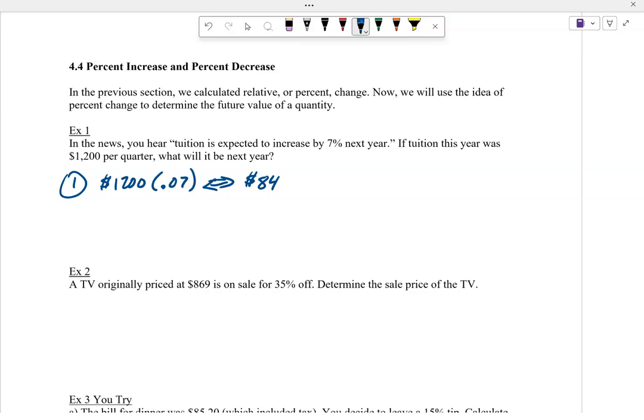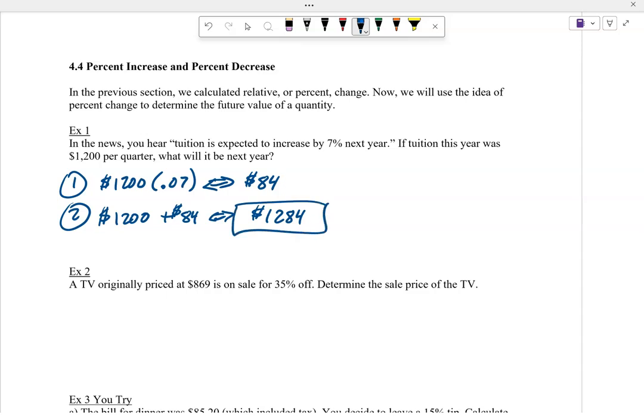So you're going to have a $84 increase in your tuition next quarter, right? So what would it be? Well, if tuition was 1,200 and it goes up 84, or 7% of that, now we end up with a $1,284 tuition bill.